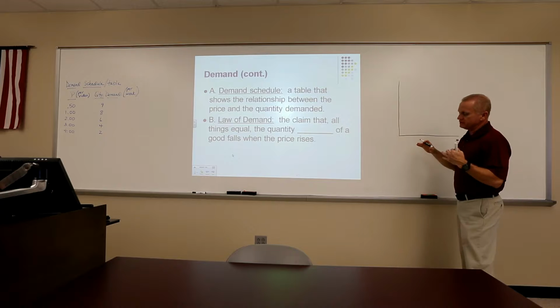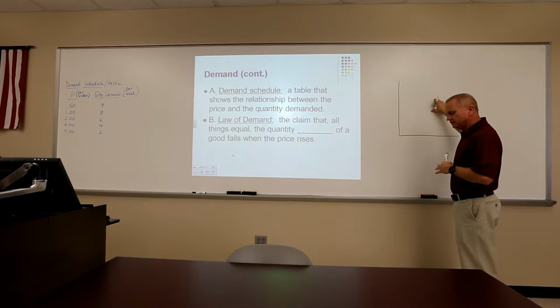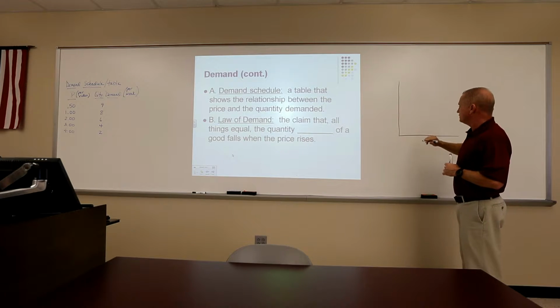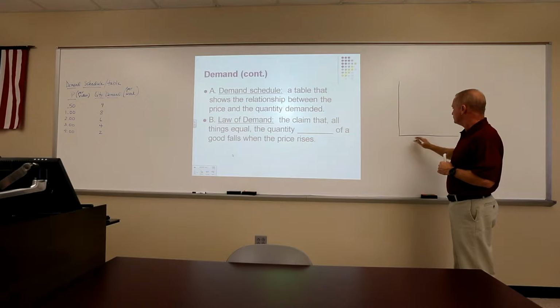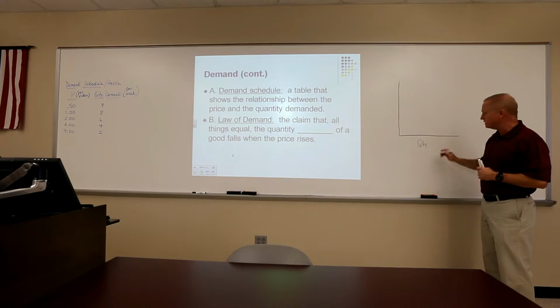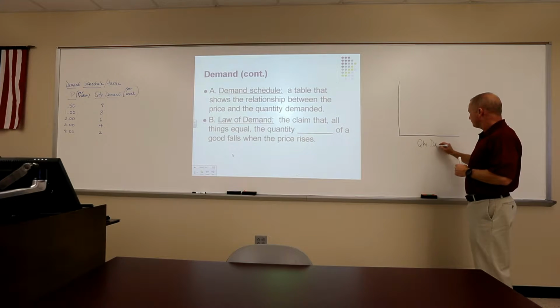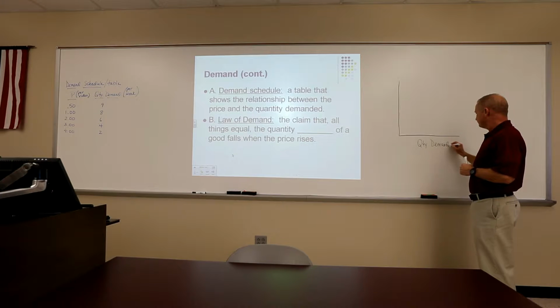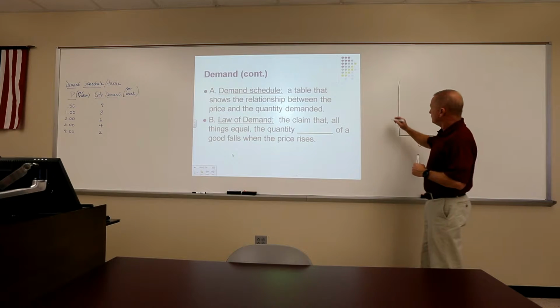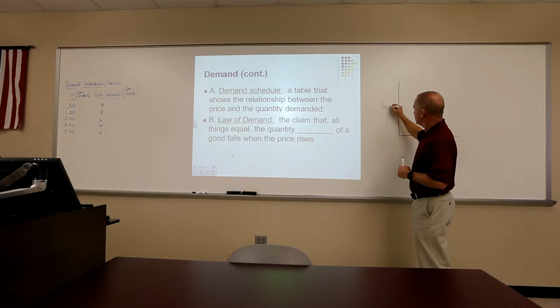The graph is comprised of the upper right quadrant, and we're going to use the horizontal axis. Quantity will always be on the horizontal axis. In this case, it's quantity demanded. And price is on the vertical axis.